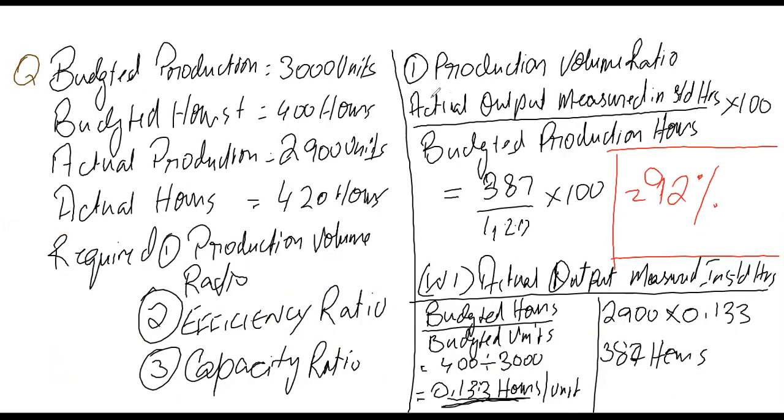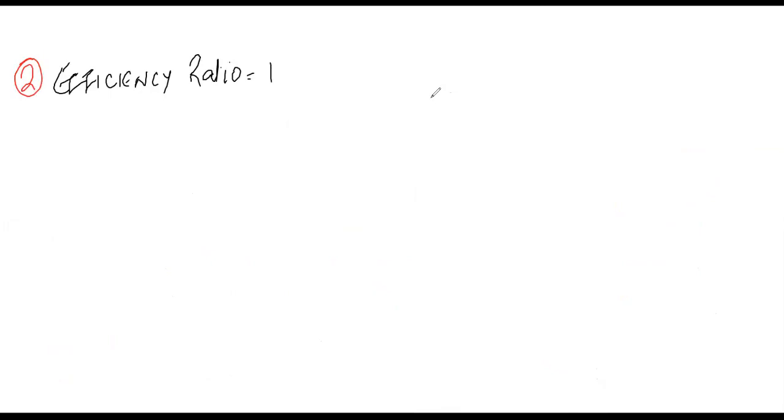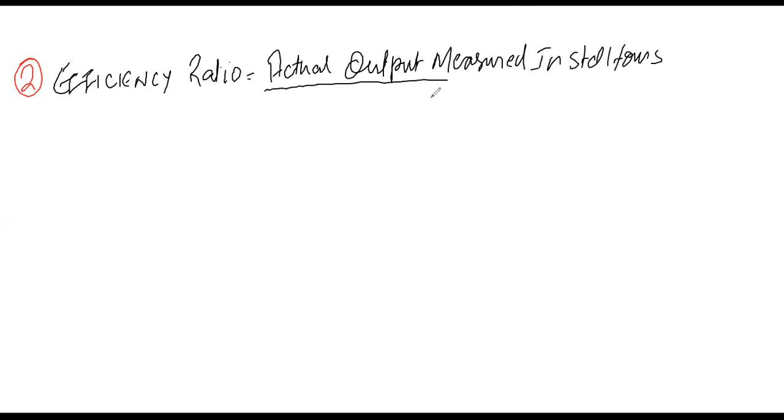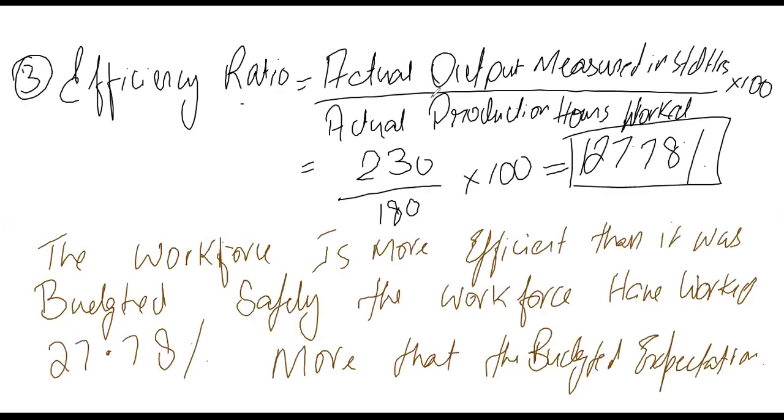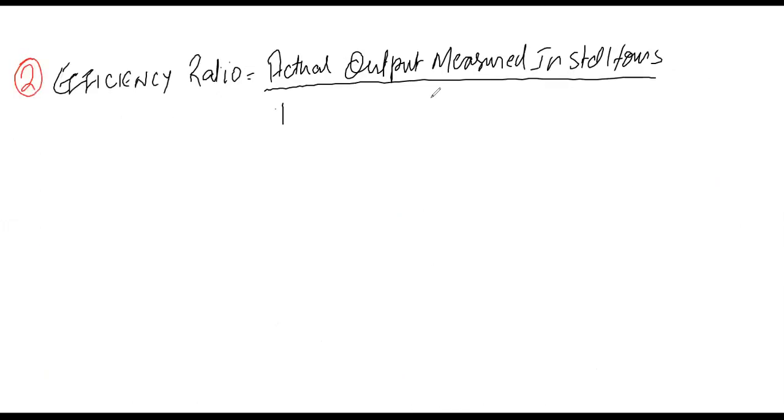So the efficiency ratio shall be calculated by using actual output measured in standard hours divided by actual production hours worked, multiplied by 100.